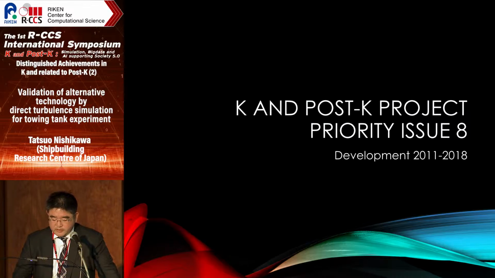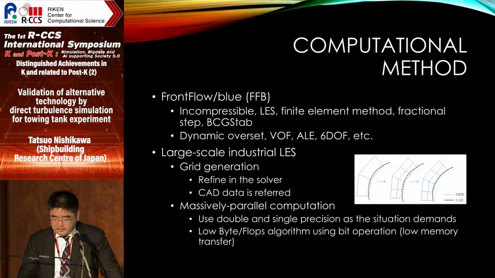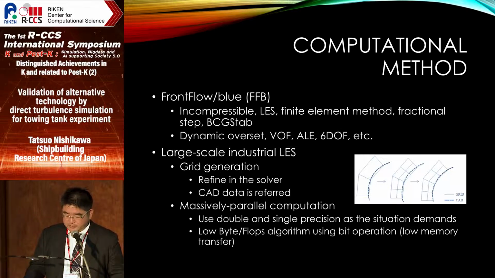Now I will introduce what we've done in the priority issue in the past 8 years. The computational code we've been using is called Front Flow Blue, which was originally developed by Professor Kato.